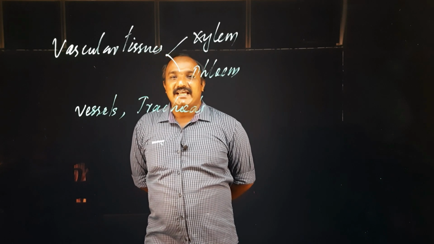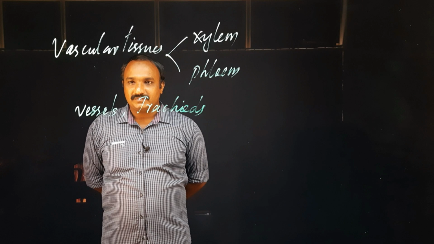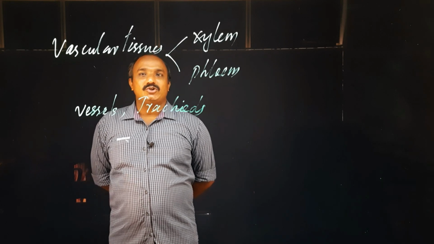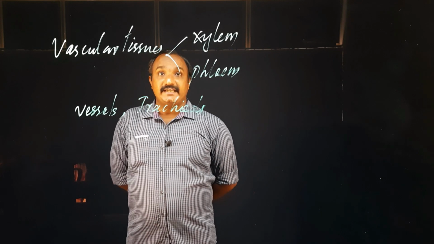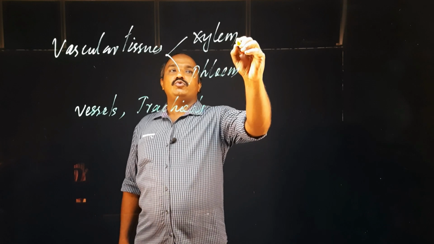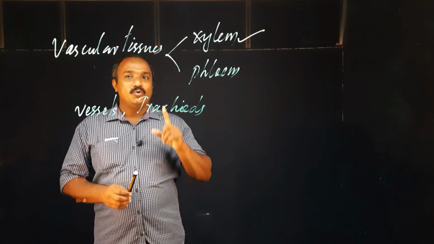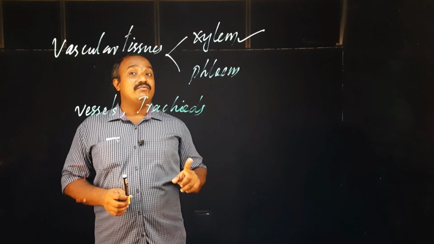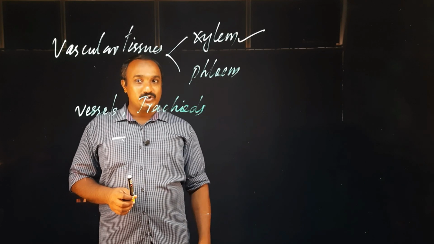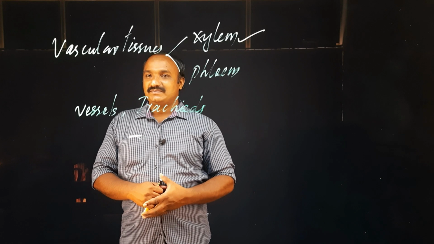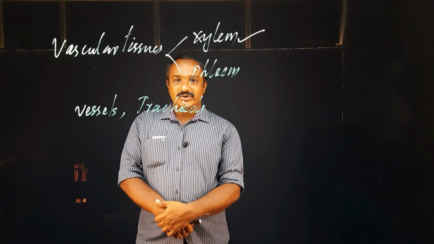Why? Because they are in the form of a pipe. Clear? So through these vessels and tracheids, the xylem tissue helps to carry water and minerals from the root to the leaf. Clear to you?